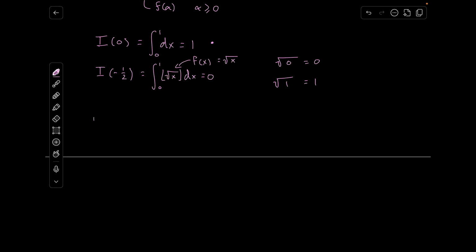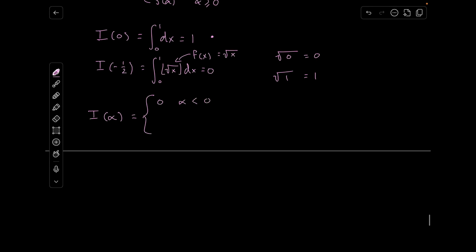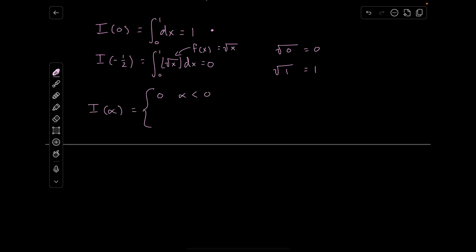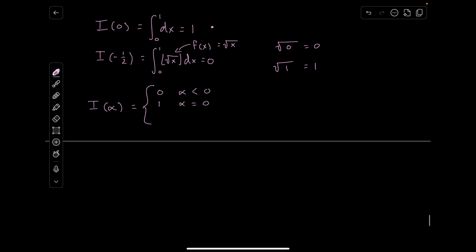Let's see what we have so far. I of alpha is equal to 0 if alpha is less than 0. It's equal to 1 if alpha is equal to 0.